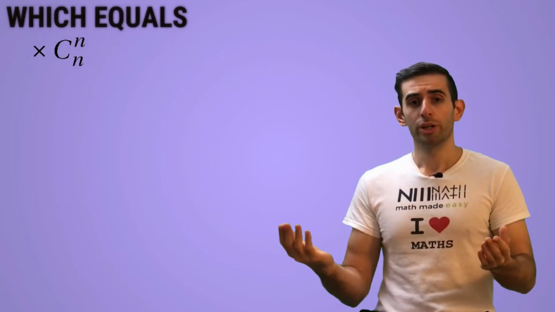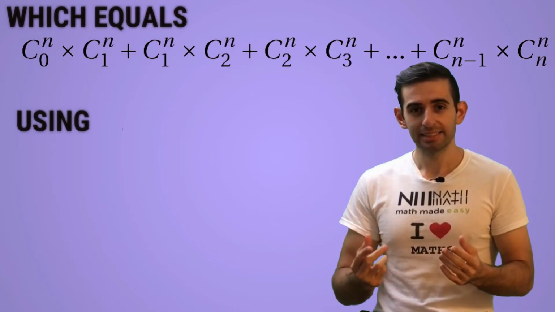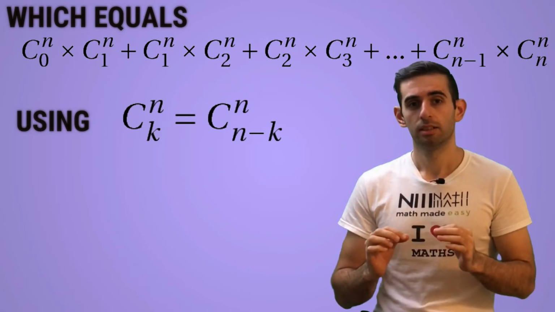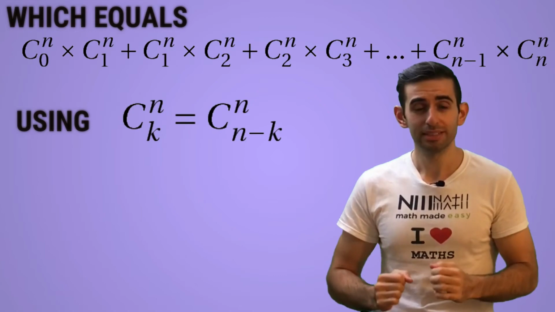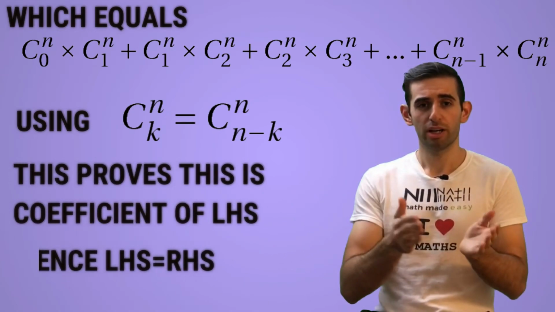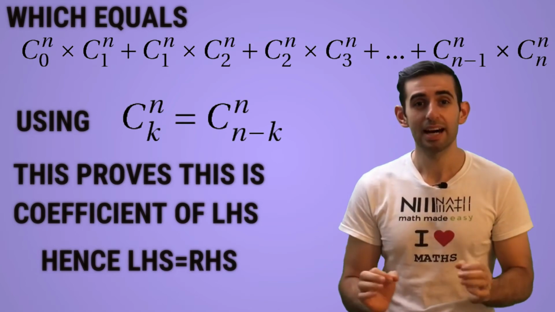We know that that is the coefficient of x to the n+1 on the LHS. Now in order to get it back to the actual identity in the question, we use the symmetry identity nCk equals nC(n-k). And then that proves the left hand side. And hence we can just state, therefore LHS equals RHS and we are done.